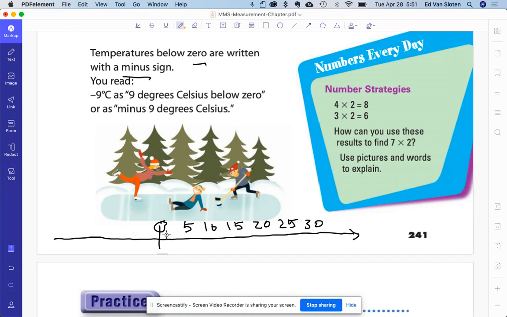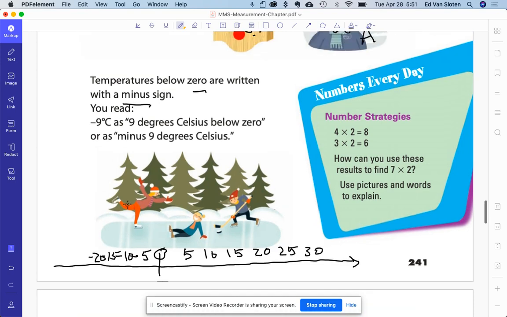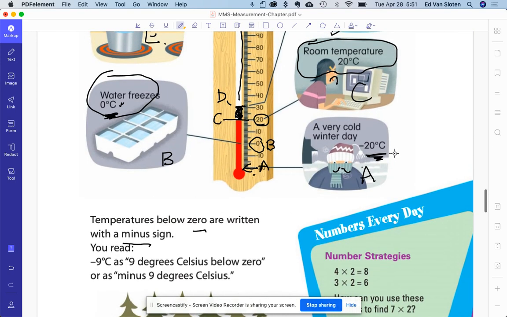It would go 0, minus 5, minus 10, minus 15, minus 20. And minus 20 is what this poor kid is in. We're not allowed to send you guys outside when it's minus 20, okay? You guys have to stay inside because you're precious.